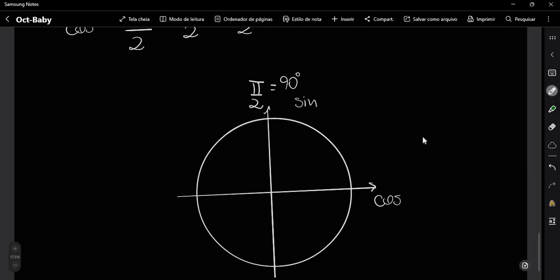And if you can notice, we do not have a component for this angle. So cosine of pi over 2 or 90 is equal 0 because we do not have a component for this angle.